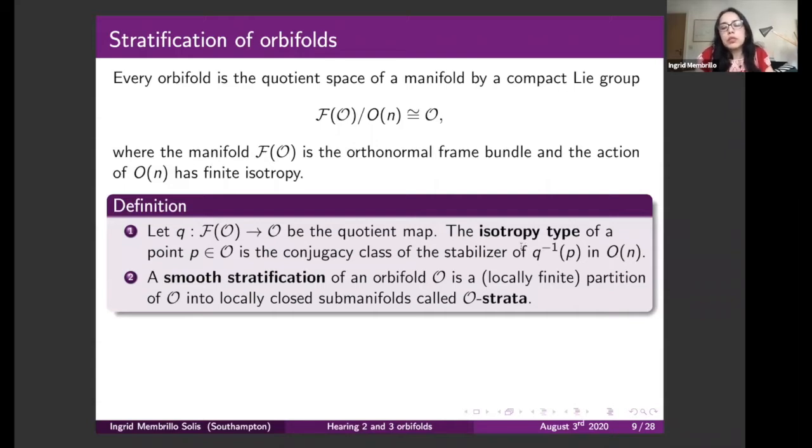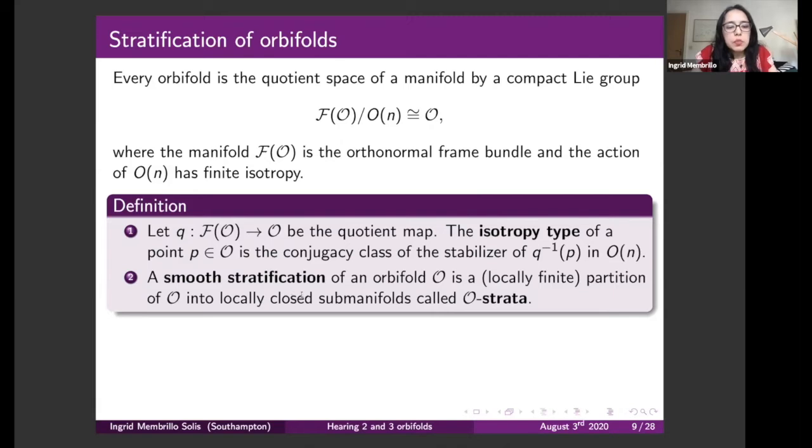So here I just want to say that if we compare with the abstract isotropy type, then this is a much finer description of the isotropy type of a point in an orbifold.